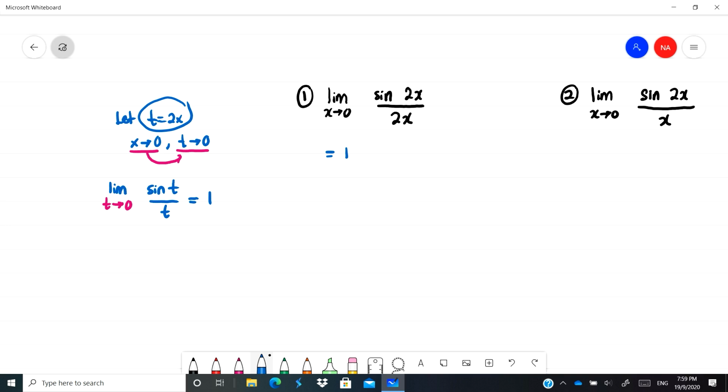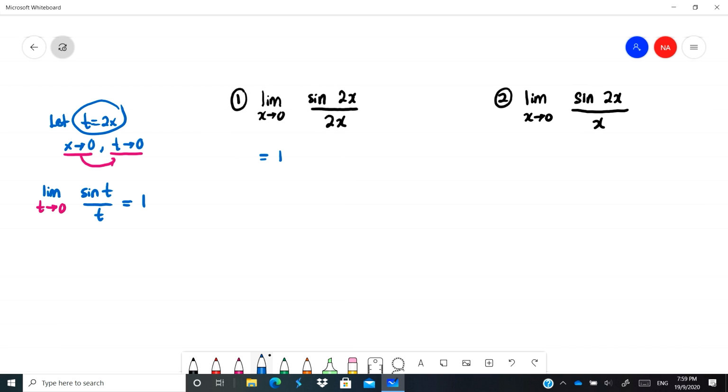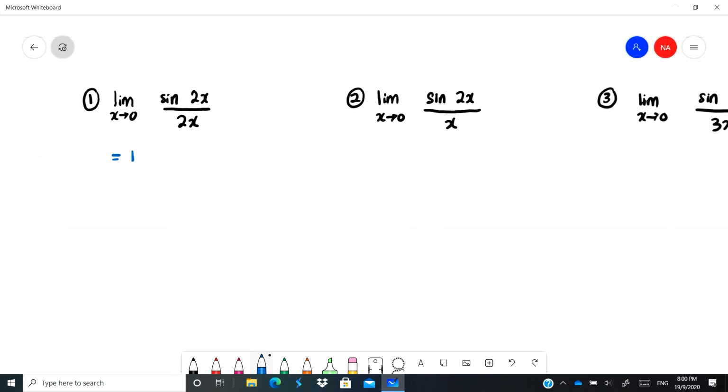This is the basic idea of how I do this, but you don't have to show this substitution in the solution. You just simply use the squeezing theorem, which is 1.